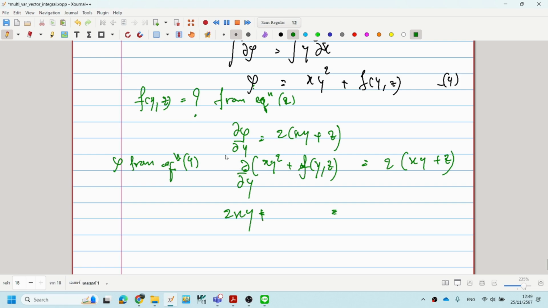Expand inside of the bracket, you get curve phi, function f, and two variables y and z, right? Curve y, and the other side is 2xy plus 2c, right?